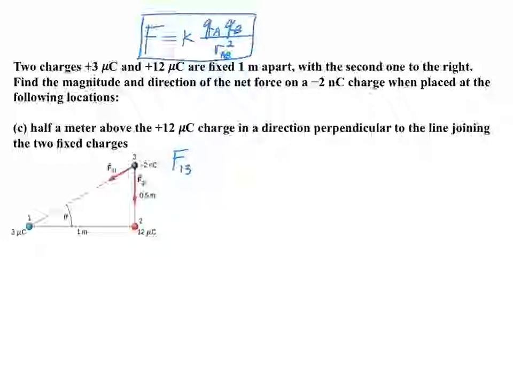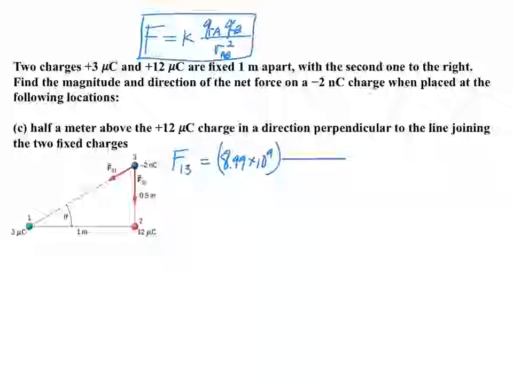So there's a little variability in what goes on here. This is going to be, again, this constant, 8.99 times 10 to the ninth. We'll just leave that there. And the distance squared.